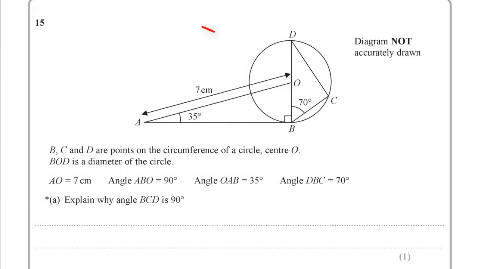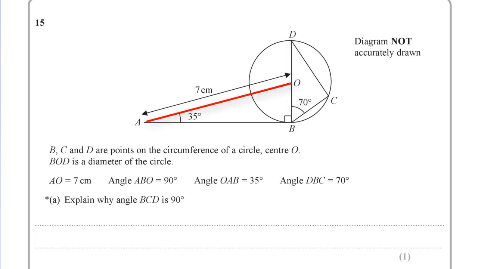Question 15. We have this circle with an internal triangle and another triangle extending from it. Okay, let's map this out carefully and read the question. B, C and D are points on a circumference of a circle, centre O. And this line here, BOD, is the diameter of the circle.